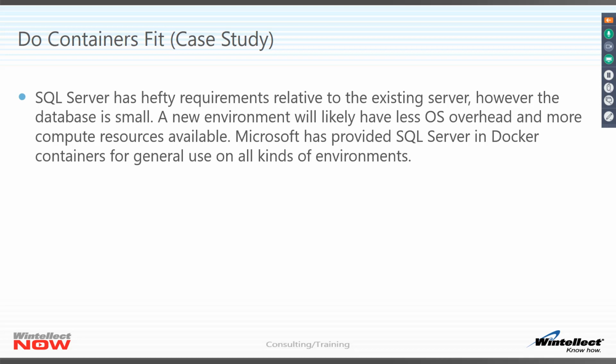So SQL Server 2005 on old hardware usually required almost a fully dedicated machine to run it, unless it was a smaller instance. In my case, it's just a small database, and so there's less overhead and more compute available. So in this case, I probably could Dockerize this instance of SQL Server, and Microsoft has made SQL Server available in a Docker image that's general purpose and can be used.